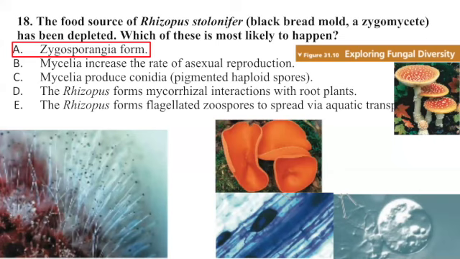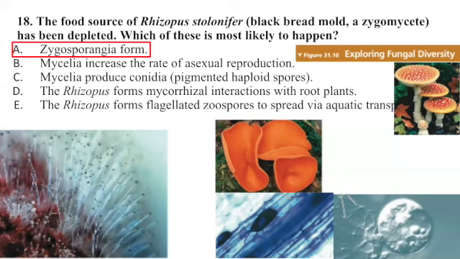When they fuse, that's called a zygosporangium. And that will actually contain several haploid nuclei, which will later fuse, creating diploid nuclei with some genetic diversity to it. So A is the correct answer here.